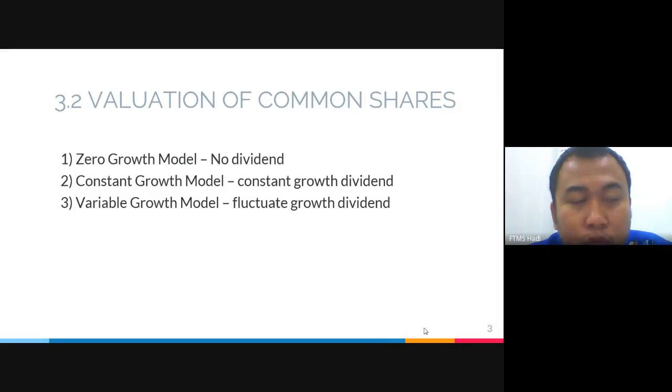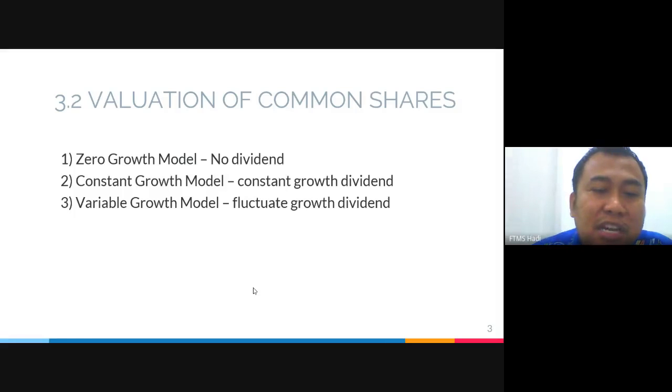To determine the value of shares, we have three valuation models of common shares, which are the zero growth model, constant growth model, and variable growth model. The easiest one is number one. Number two is semi-medium difficulty, and number three is quite complicated.